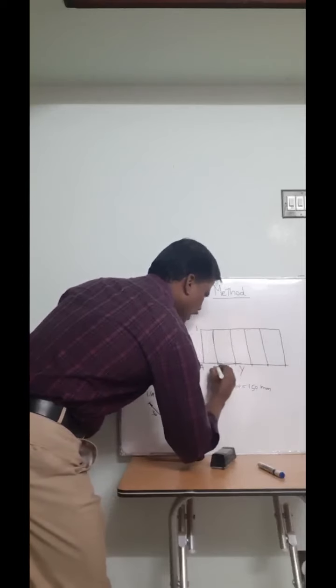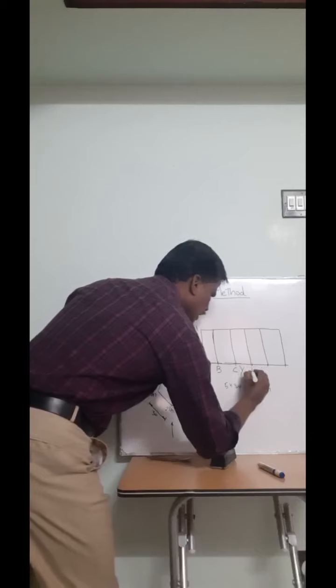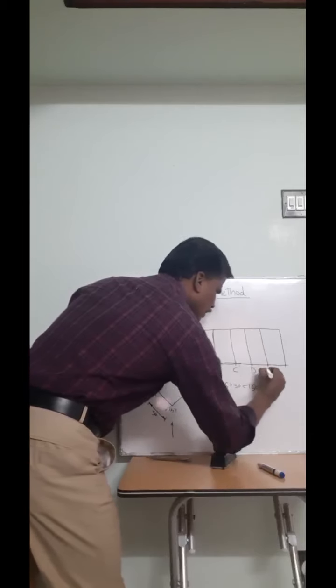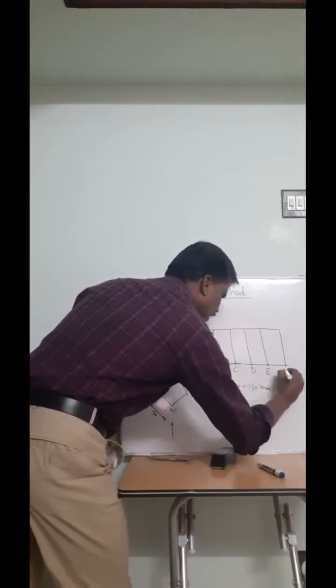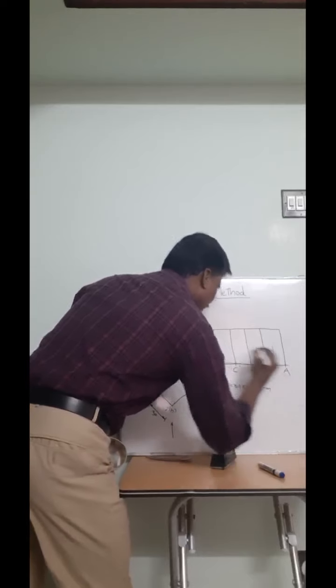The naming should be A, B, C, D, E, and then again I will get A.